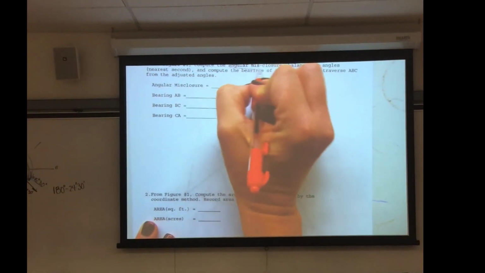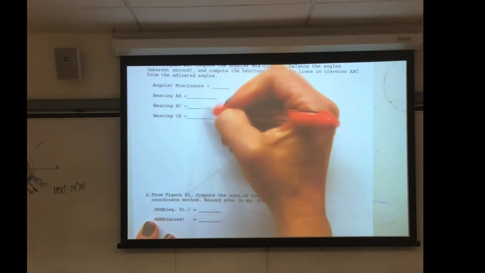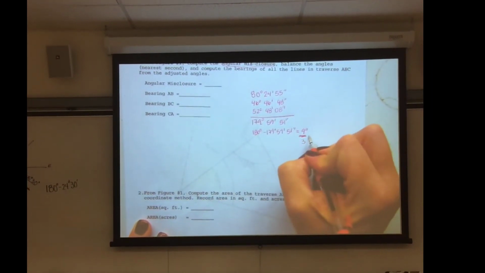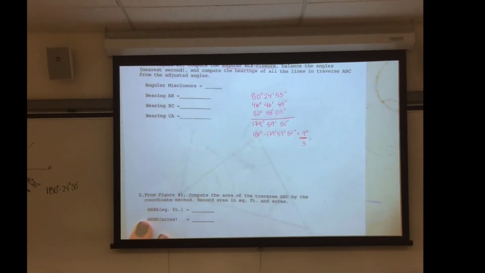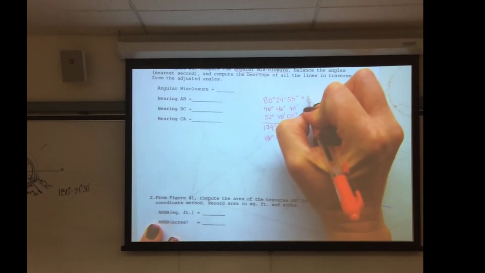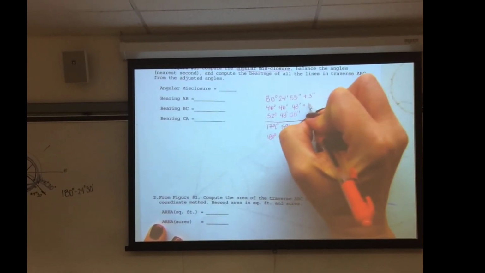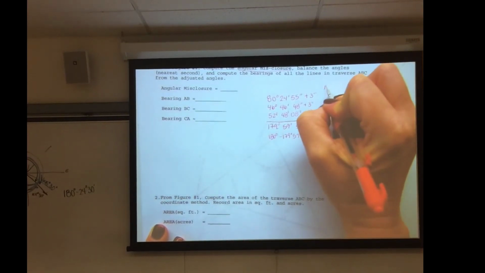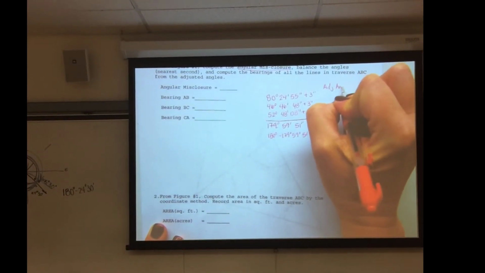Okay, the angular misclosure. Now, how many angles do I have? 3. I'm going to divide that by 3 and get what? 3 seconds. So I'm going to have to add 3 seconds to each of these to get my adjusted angle.